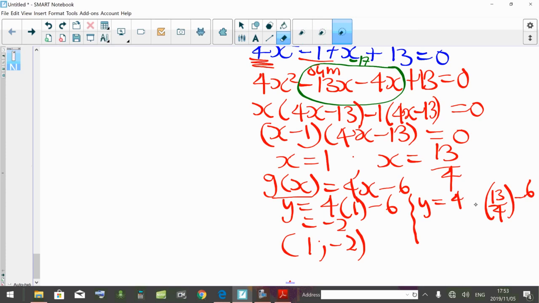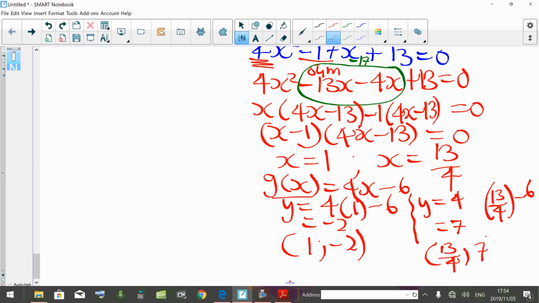We've replaced x with 13 over 4. And a quick calculation will tell us that we will end up with 7. Our second coordinate is therefore 13 over 4 and 7.